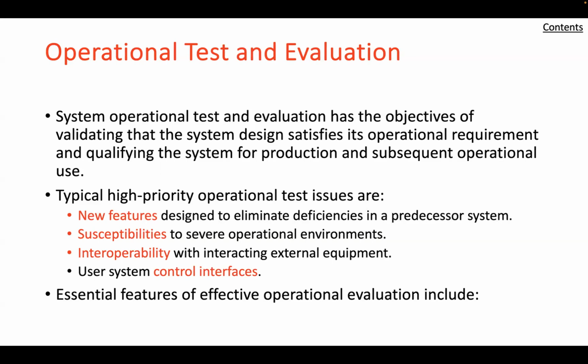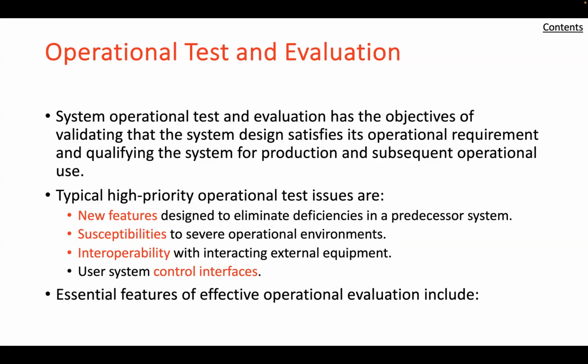3, interoperability. Compatibility with external equipment subject to non-standard communication protocols and other data link characteristics makes it essential to test the system when it is connected to the same or functionally identical external elements as it will be connected to in its operational condition.